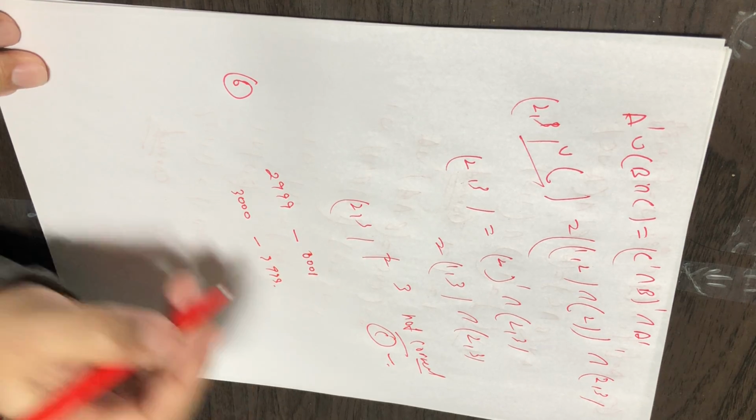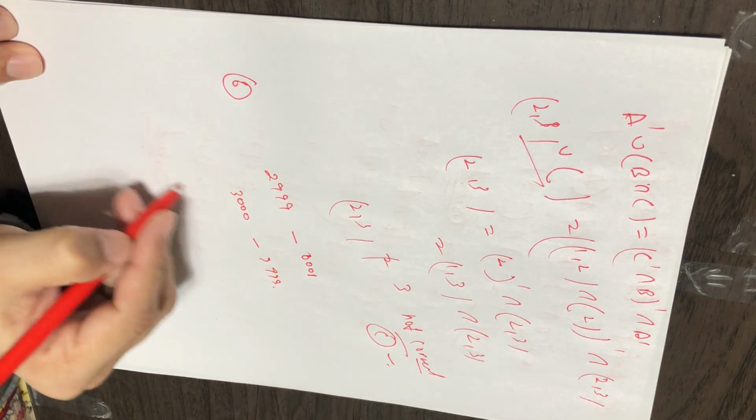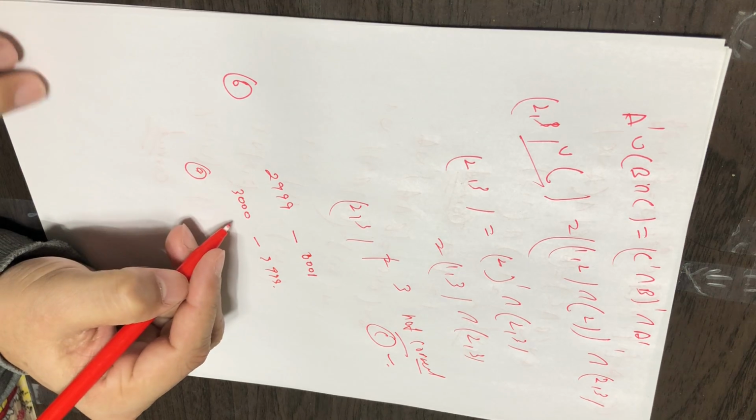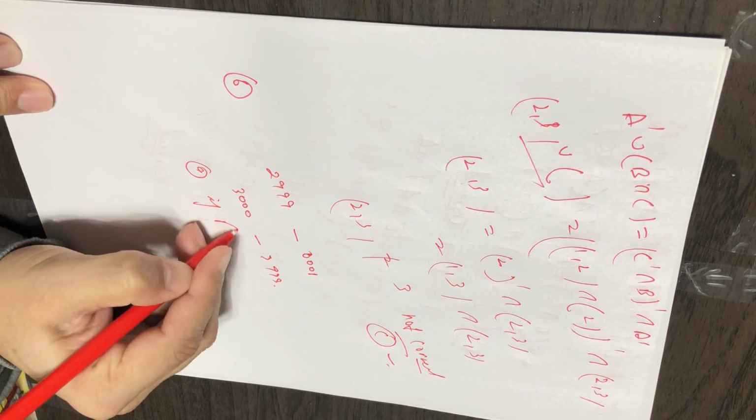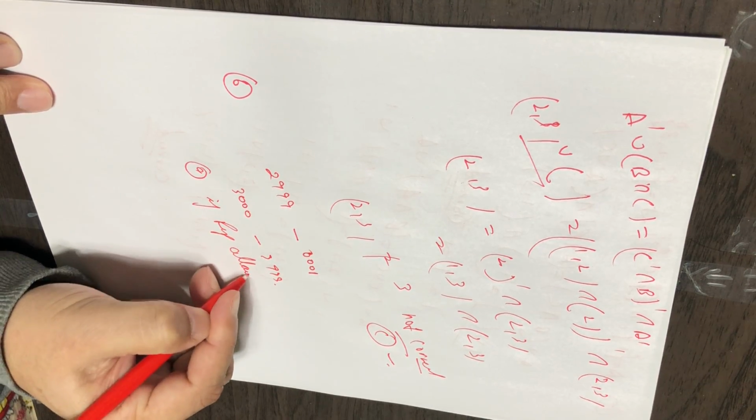So in this case, let us start by considering these numbers, 3000 to 7999. We are going to consider two cases. If repetition is allowed, because in the question it is not mentioned.